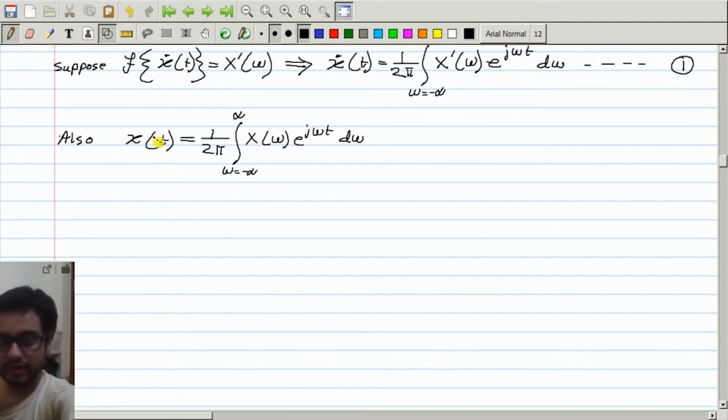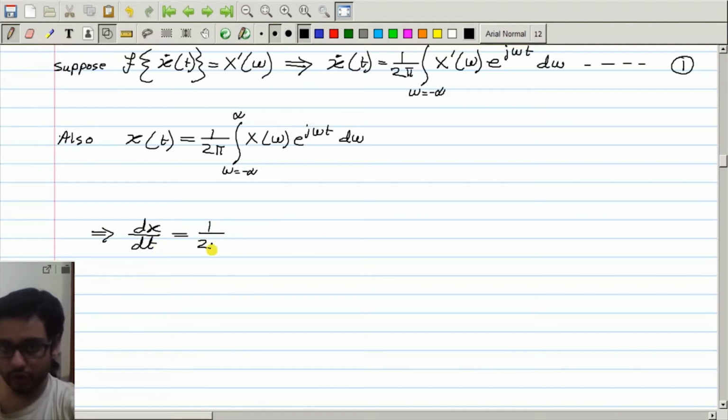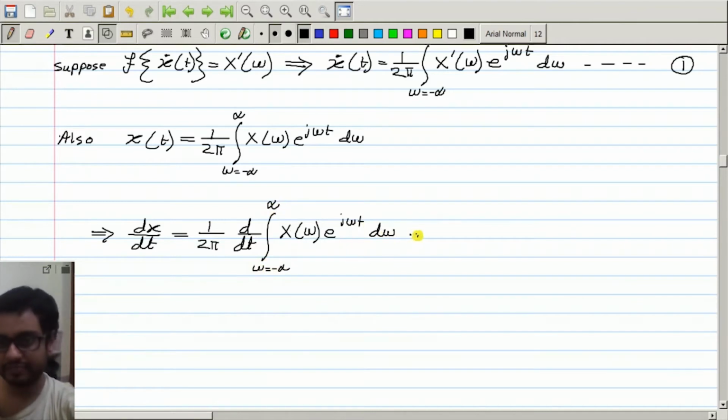Now, in this equation, let us differentiate both the sides with respect to time. Then the left side will become dx dt and the right side will be 1 over 2 pi time derivative of this entire thing, which is integration of X omega e to the power j omega t d omega, omega running from minus infinity to plus infinity.